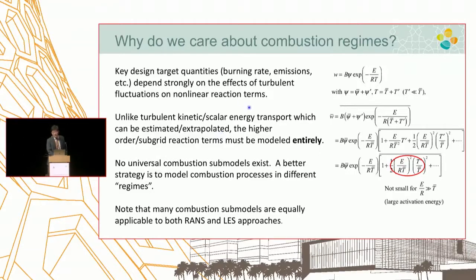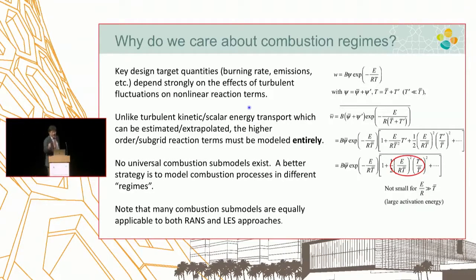Where does combustion happen? It happens at the small scale. Combustion is about molecular reaction. So the most important chemical reactions happen at the smallest scale of your computation, which you don't resolve. You cannot resolve it in any engineering simulation. So how am I supposed to model that? I can't do any extrapolation because there's no information at the large scale.